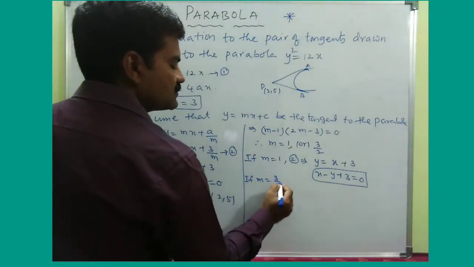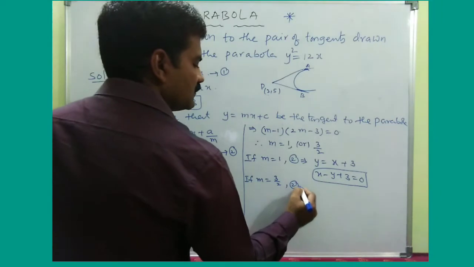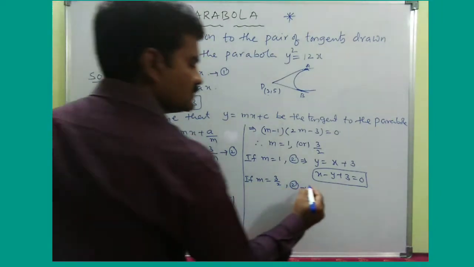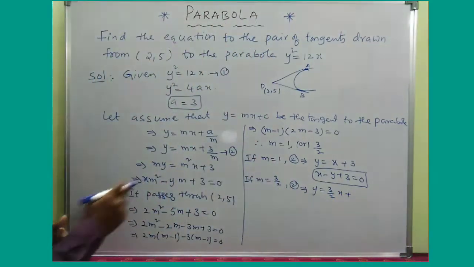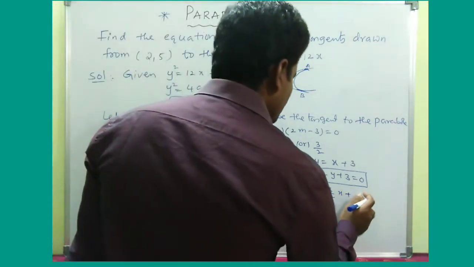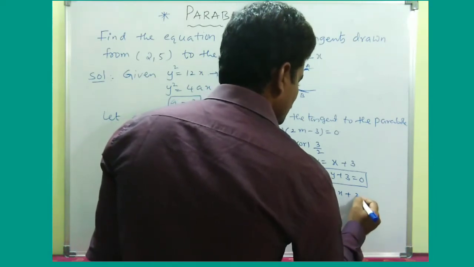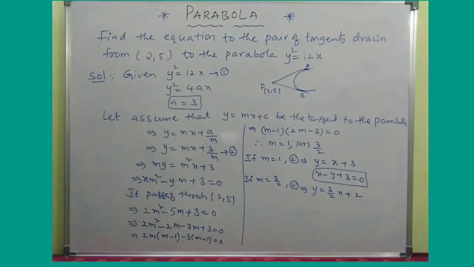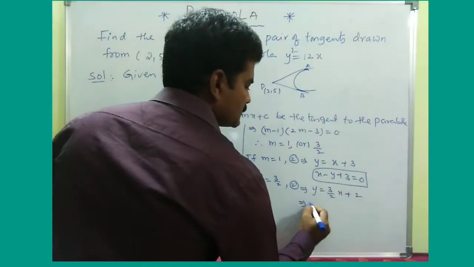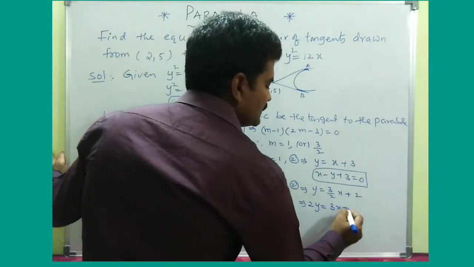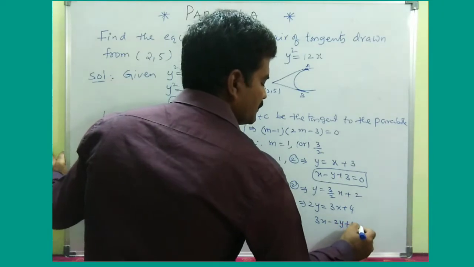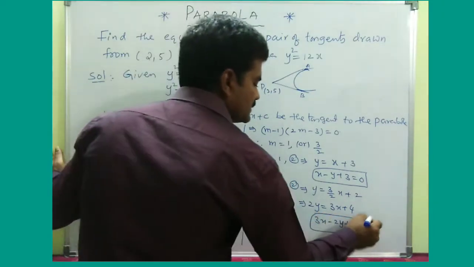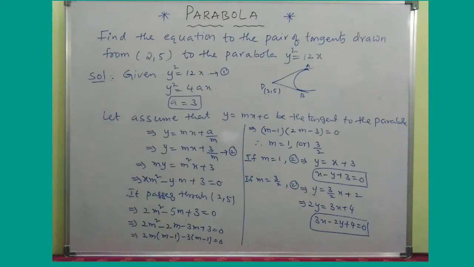And if m is equal to 3 by 2, then y is equal to 3 by 2 into x plus 3 by m, that is 3 by 3 by 2, which is 2. So now this is 2y is equal to 3x plus 4, and 3x minus 2y plus 4 is equal to 0 is the other tangent.